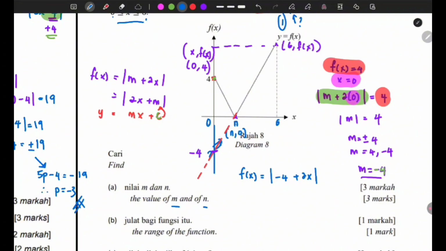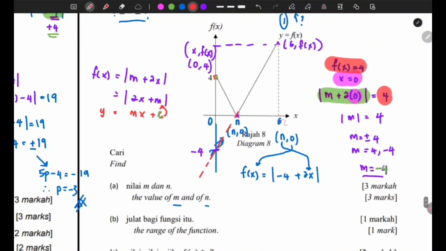Okay, so let's find out the n. The coordinate of n is (n, 0). So my x is now my n, my f(x) is now 0. So substitute, because this will follow the x and f(x). Let's substitute inside according to the equation.